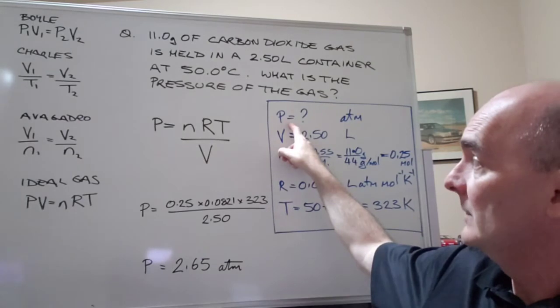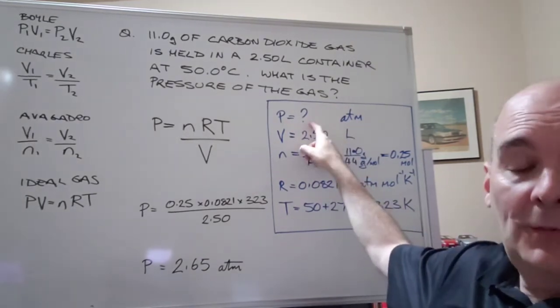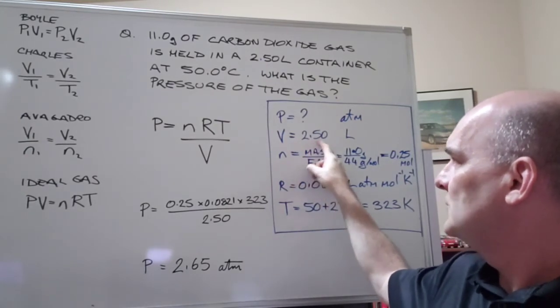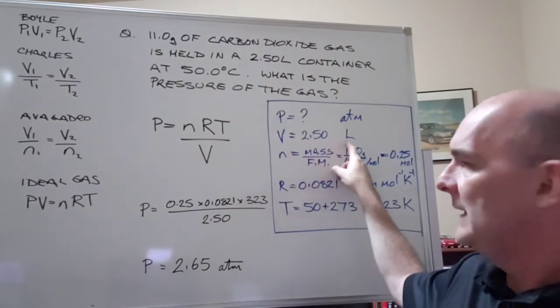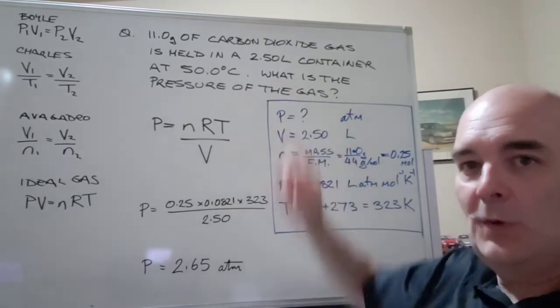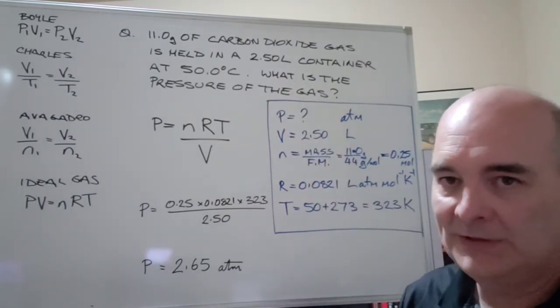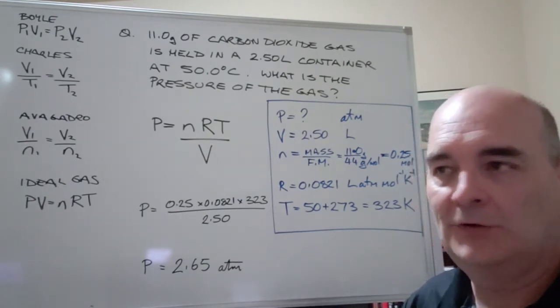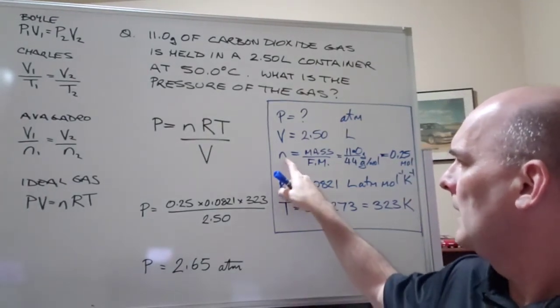What is pressure? Well, it's in atmospheres, but I don't know what it is. It's part of the question. What is volume? Volume is 2.50 litres. It needs to be in litres, and thankfully this question gave us the volume in litres. If it gave it to us in millilitres, we would have to do the conversion from millilitres into litres.